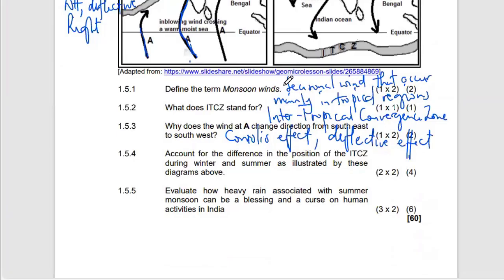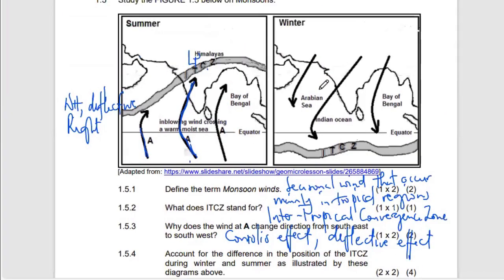Right. Account for the difference in the position of the ITCZ during winter and summer as illustrated by the diagrams above. Account for, right. So why does the ITCZ change position? It's here during summer, and in winter, it's here. Our equator, we can see it's here, which is our 0 degrees.